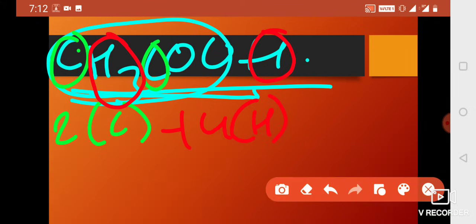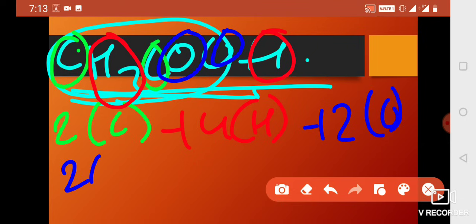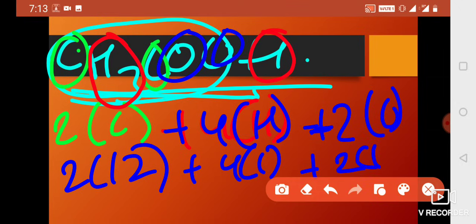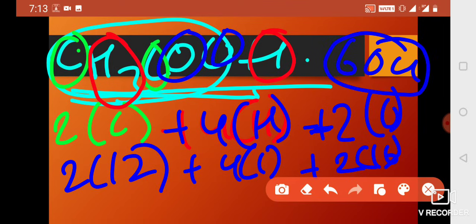Okay, C done, H done, C done, and this is O. How many O? 2O. 2 into 12 plus 4 into 1 plus 2 into 16. And this will add up as 60u. So 60u is the molecular mass of acetic acid.